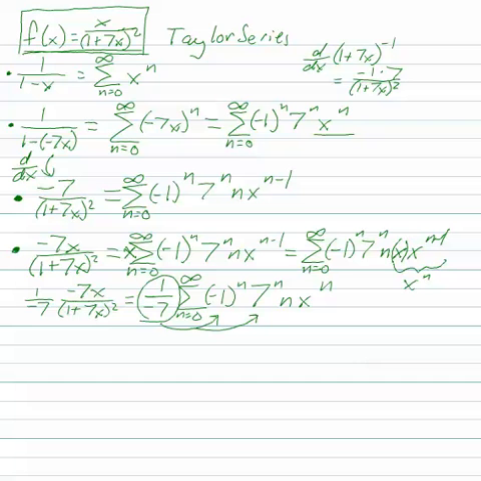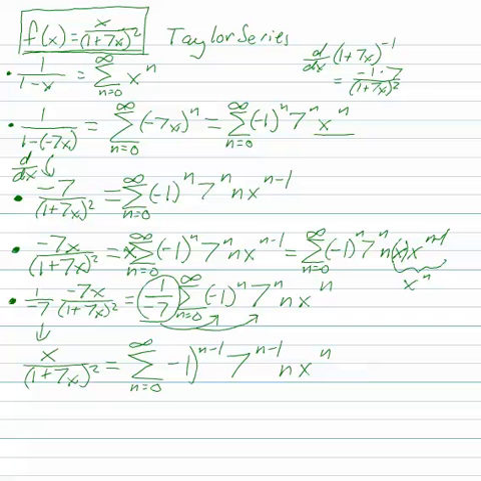So we get our left side simplified: x over 1 plus 7x squared equals the sum from n equals 0 to infinity, negative 1 to the n minus 1, 7 to the n minus 1, n x to the n.